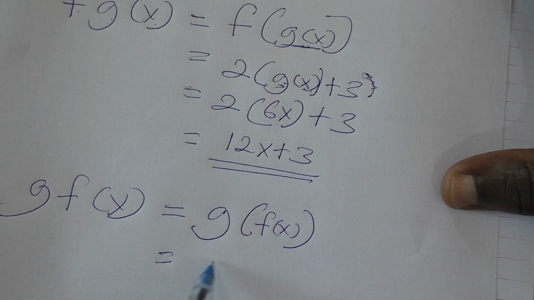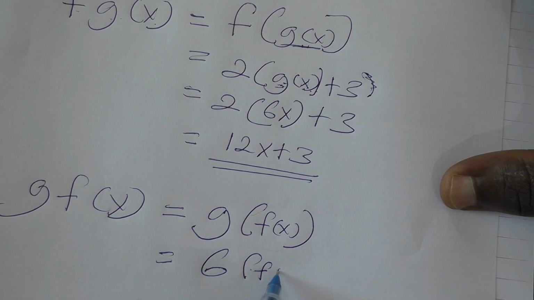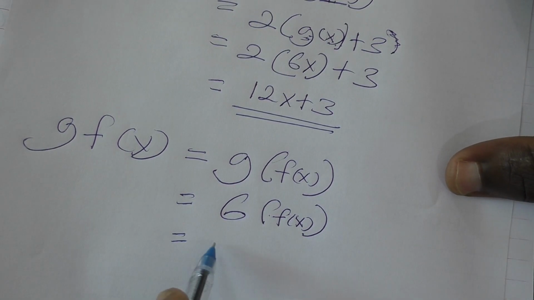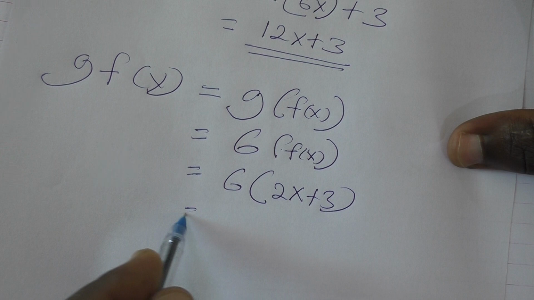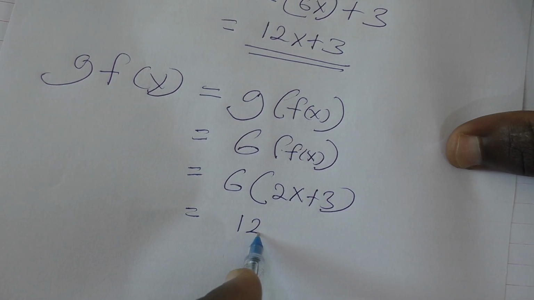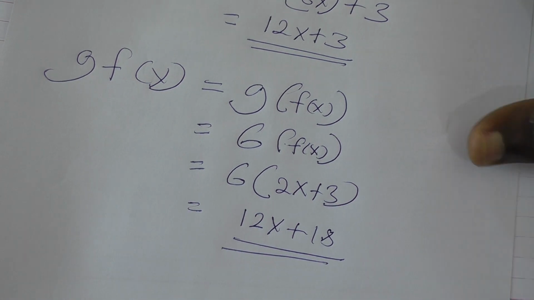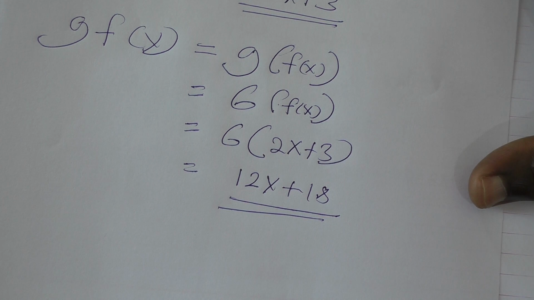So where we have 6x, we replace x with f of x. But f of x equals 2x plus 3, hence giving us 12x plus 18. That's how we get gf of x.